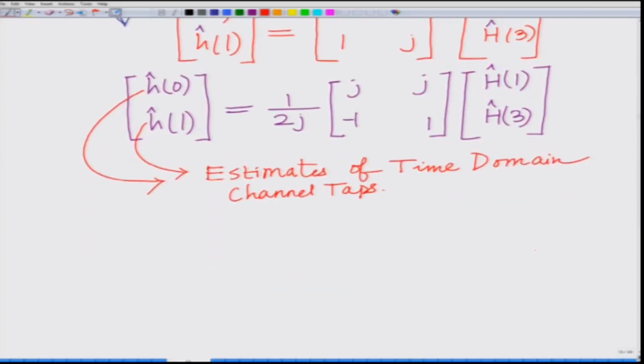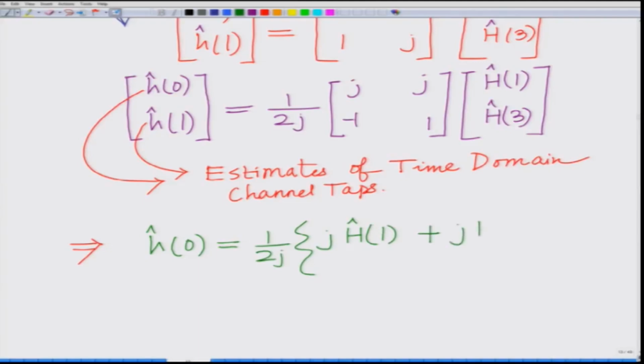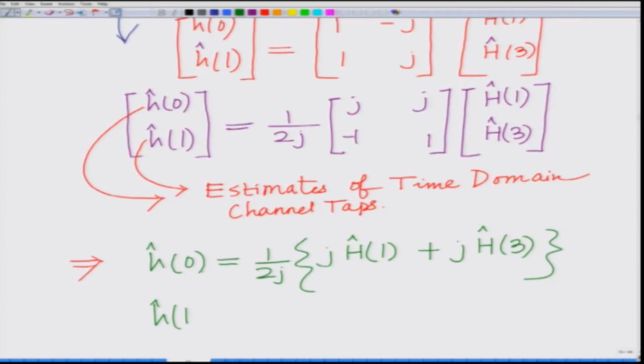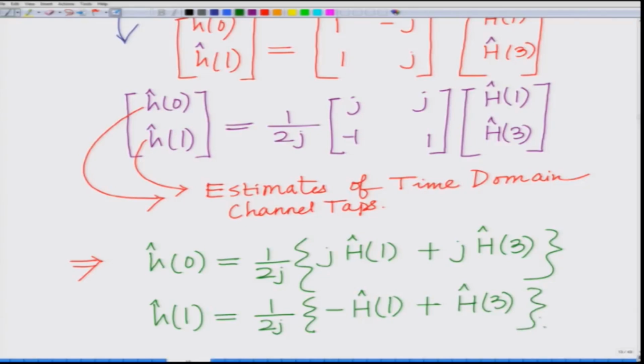And therefore, you can see that h hat 0 equals 1 over 2j times j times H hat 1 plus j times H hat 3, and similarly h hat 1 is equal to 1 over 2j times minus H hat 1 plus H hat 3.